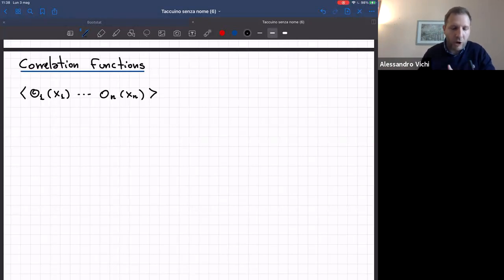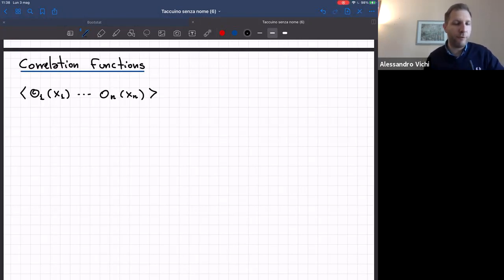And according to this definition of time evolution, these insertions are oriented in time. And okay, in order to understand how these correlation functions are constrained, we have to understand how these local operators transform under conformal transformation.